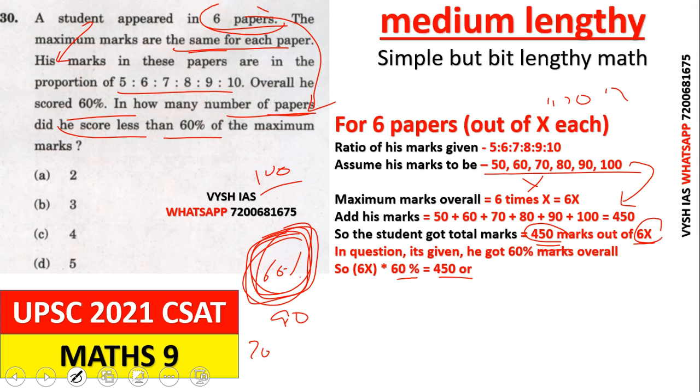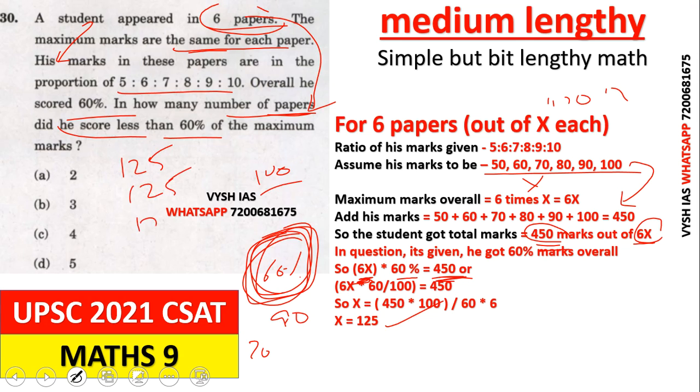If you simply solve 6X into 60 by 100 equal to 450, X is equal to 450 into 100 by 60. I mean, we are just putting X on one side and everything else on the other side. You will solve it and get 125. So each of the 6 papers was out of 125. Like physics, chemistry, biology, let it be 6 papers out of 125 each.